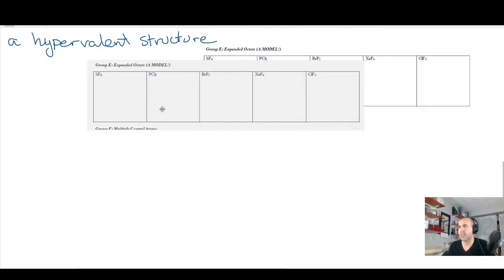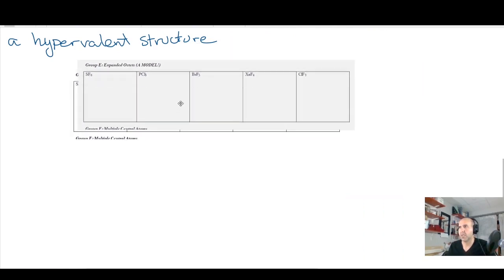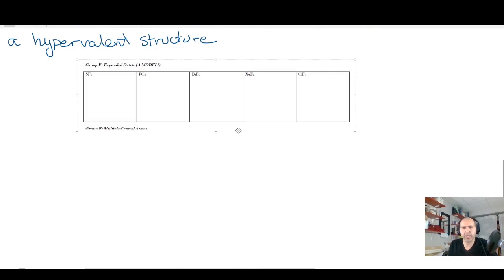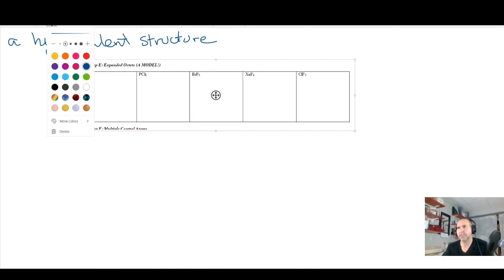I think this came from a worksheet that I distributed to you guys a while ago. So we did SF6. So let's look at something like PCl5 then.